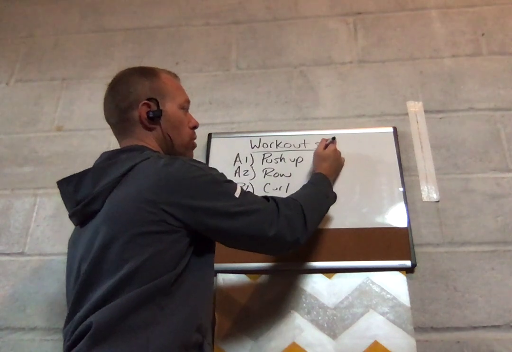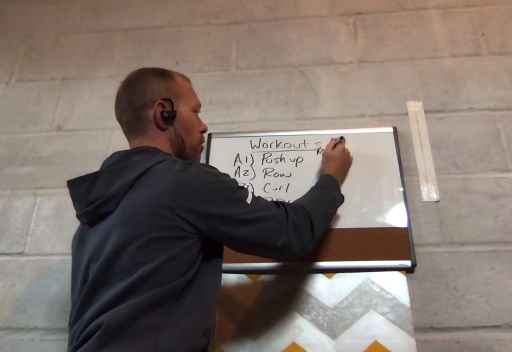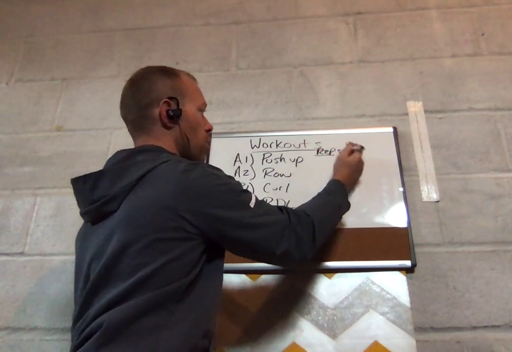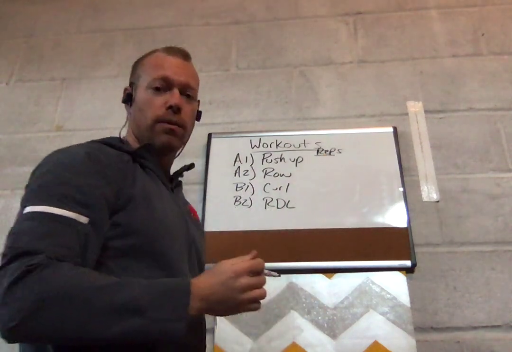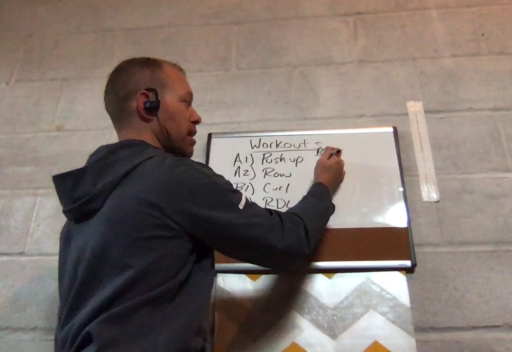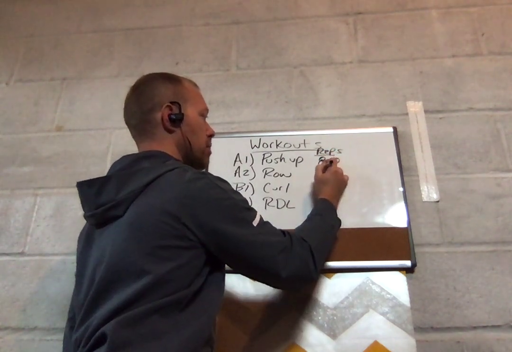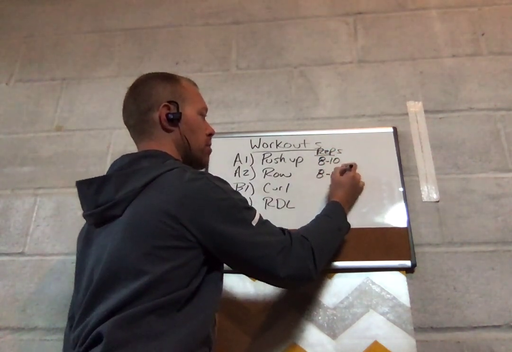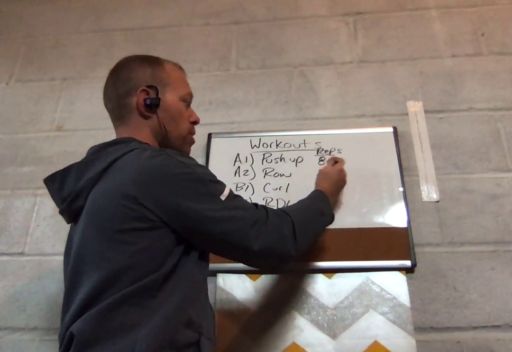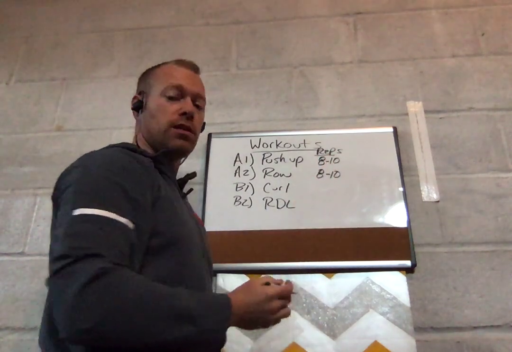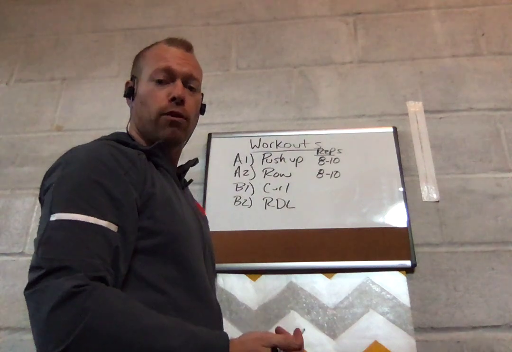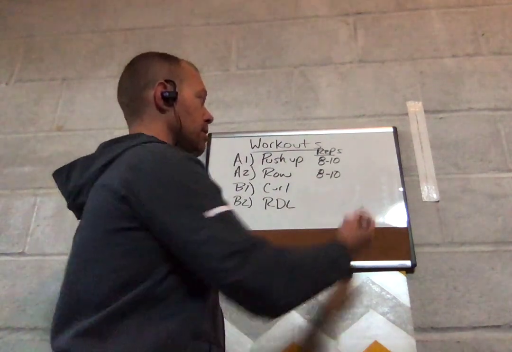So let's go a little bit further and we'll look at our reps that go along with these. I typically will do it in rep ranges. So say it's 8 to 10 reps here, 8 to 10 reps here. This means you're going to do somewhere between 8 and 10 repetitions, depending on how difficult the exercise actually is.